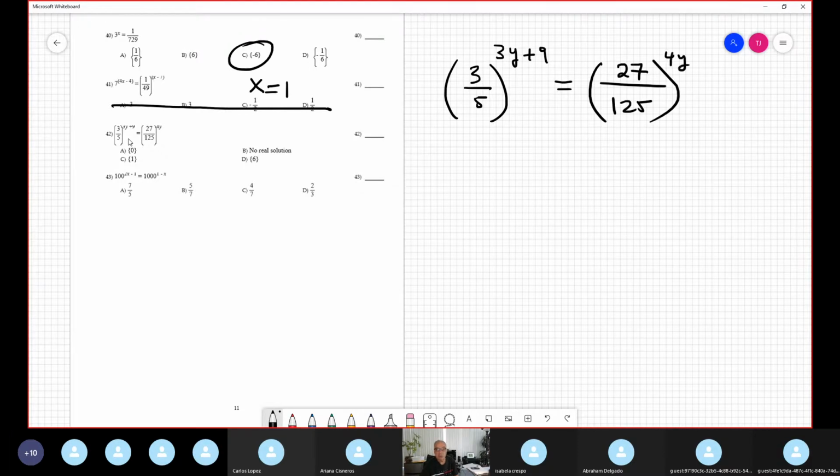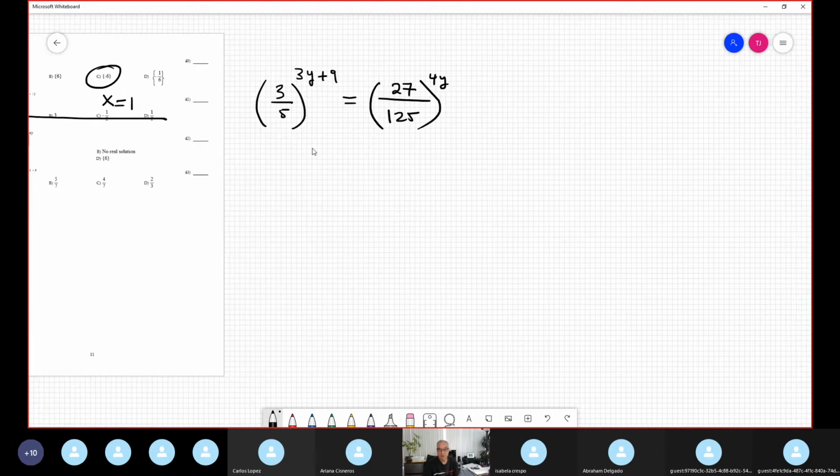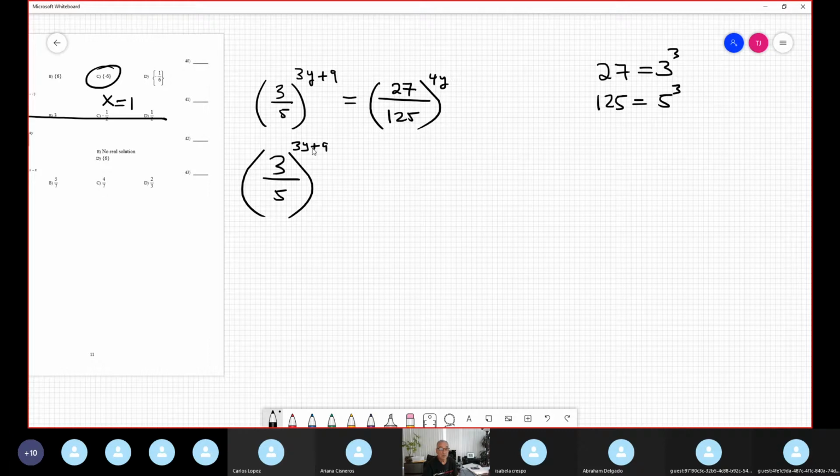4y. Okay, that's a fraction, but don't worry because I know the connection very well between 3 and 27. So 27 is 3 to the third power, and 125 is 5 to the third power. You replace. This stays the same, but this no. This is 3 to the third power over 5 to the third power.